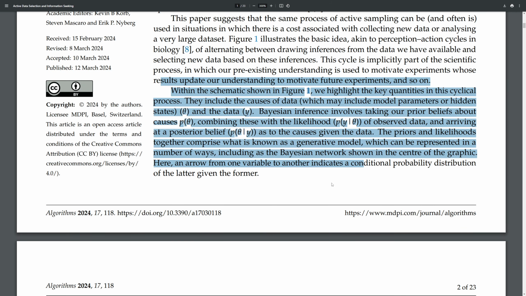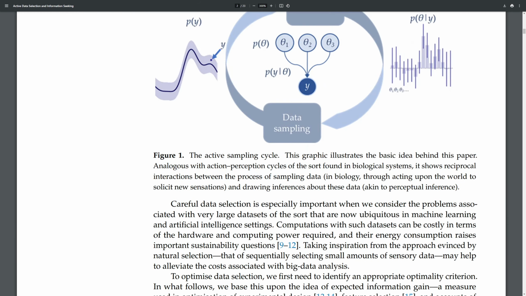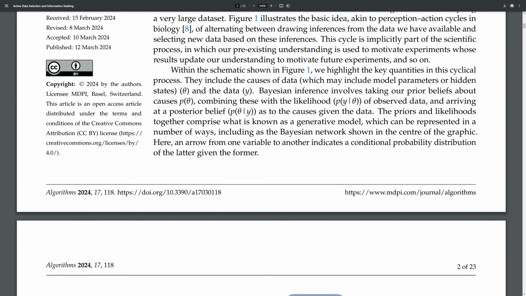Let's jump into what the model is actually going to look like, and that's going to be this Bayesian bit right here, as well as figure 1. There's going to be some data y that you observe, and then there's going to be some belief about the causes of this, which we are going to say is the distribution of some parameters theta of our model.